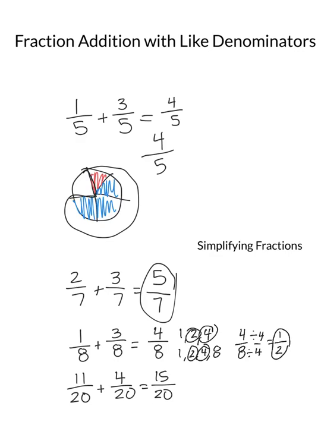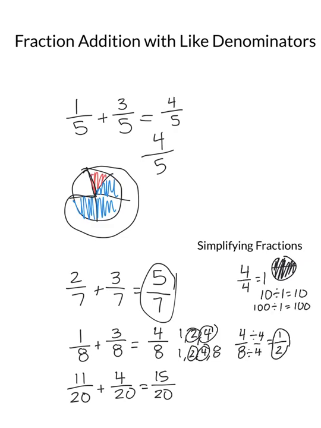Now let me explain why we divide the top and the bottom by the same number. If I have 4/4, here it is as a picture, that's the same thing as 1 whole. If I divide a number by 1 whole, it always equals that same number.